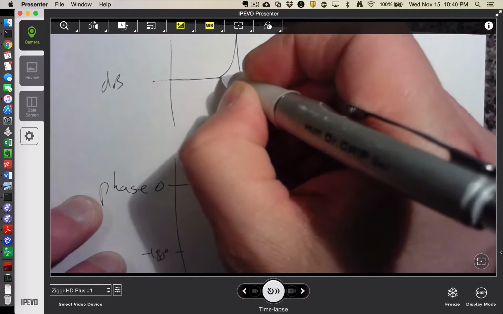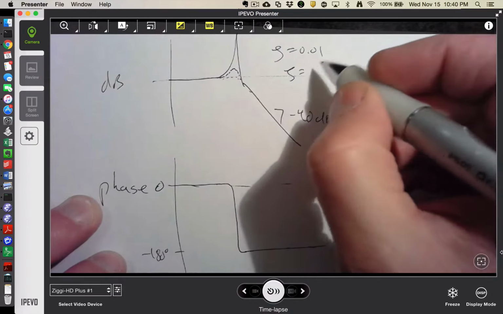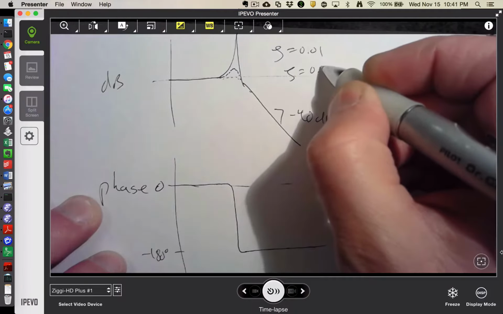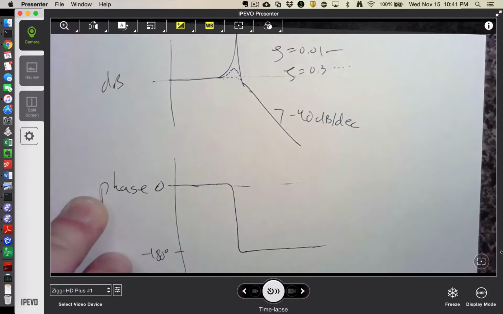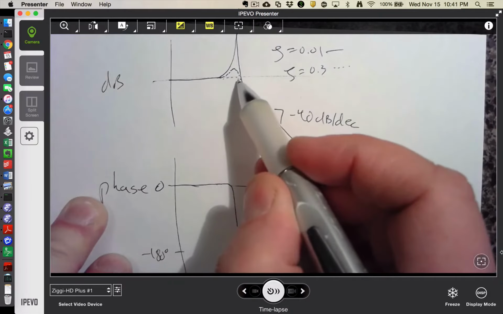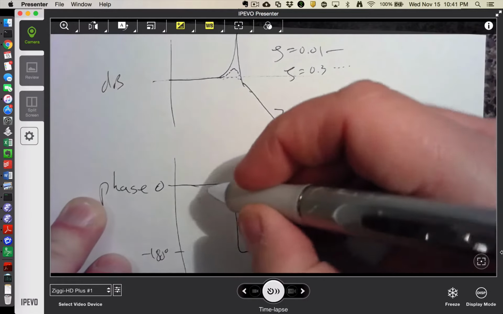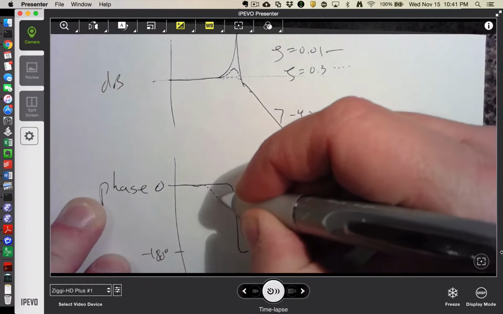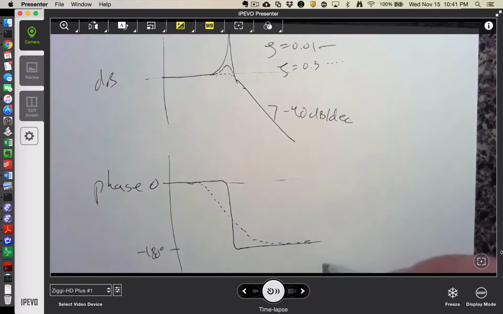If I had instead, say, zeta equal to 0.3 or something, that'll be the dashed line, and this is the solid line. So my peak is shorter and a little bit wider, and then my transition in my phase is also wider versus frequency. So I'm plotting this versus frequency in hertz here.